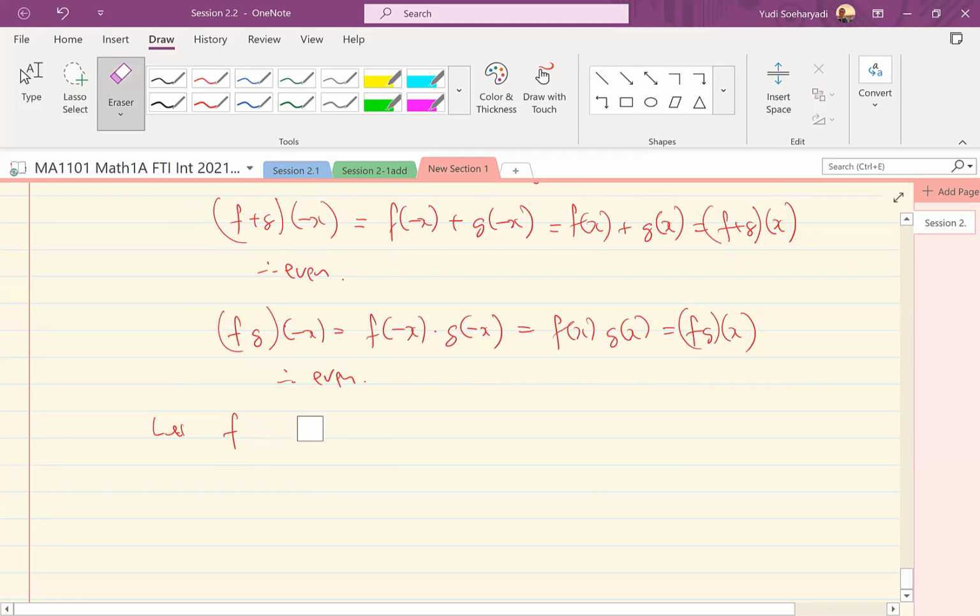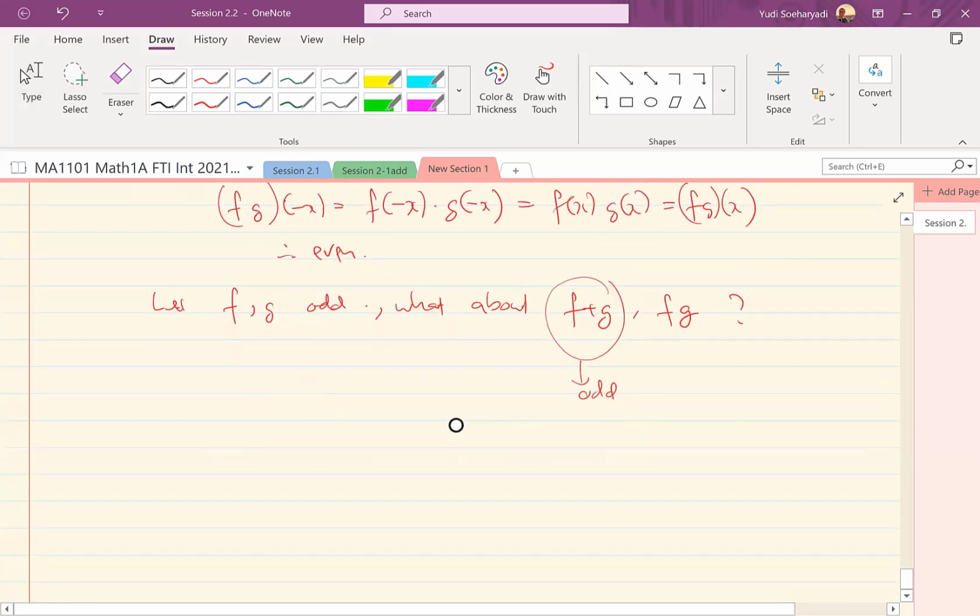Okay, sorry, now f and g odd functions. So the question is, what about f plus g, f times g? You can check by yourself. This is going to give you odd. But f times g, let's see, like the negative f times g.